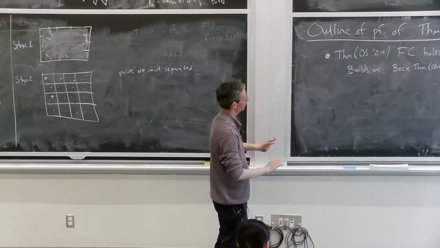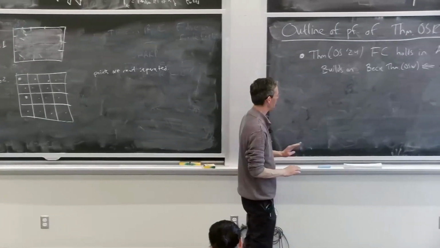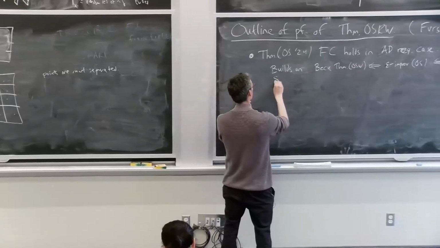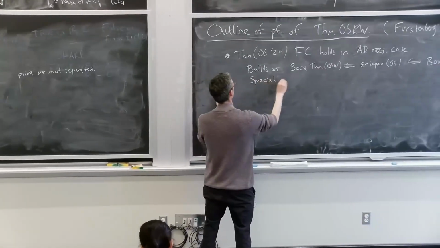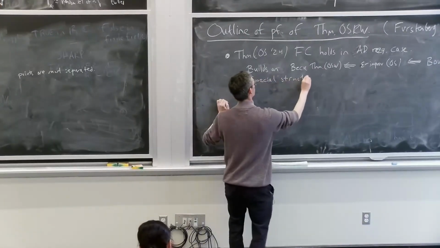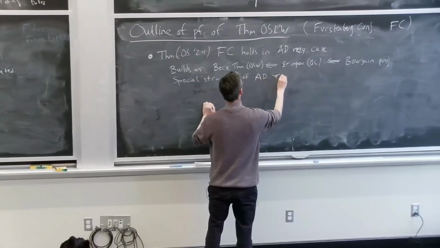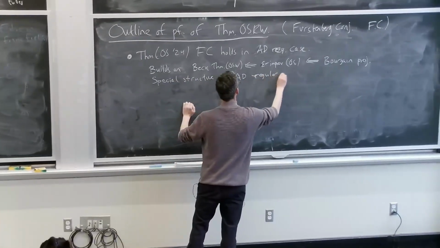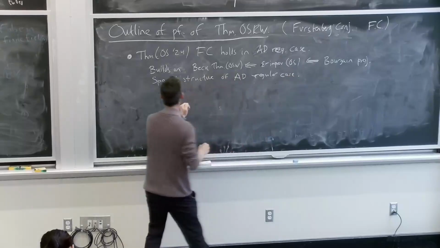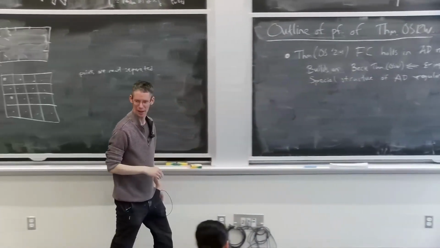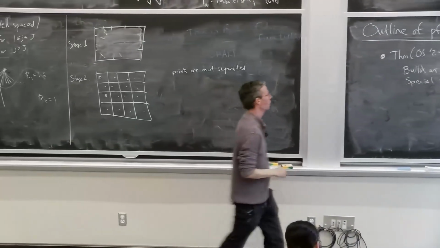So there are also some great ideas in that we'll talk about next time. But it also involves some special structure of the AD regular case. We'll talk about that a lot on Thursday.